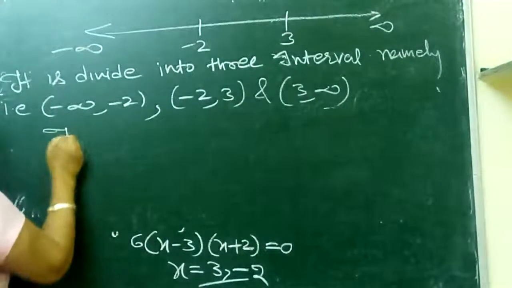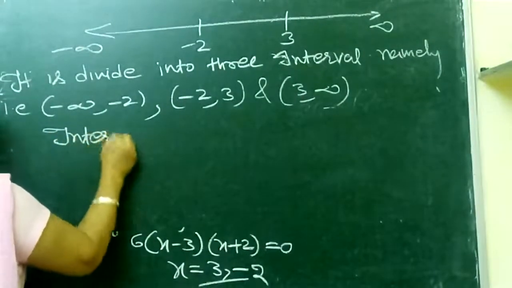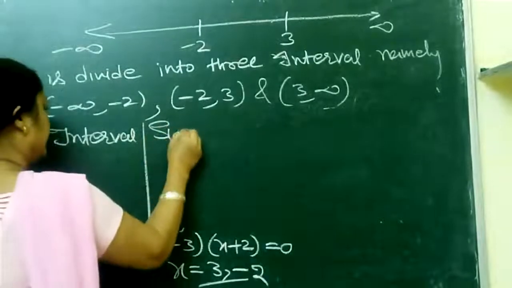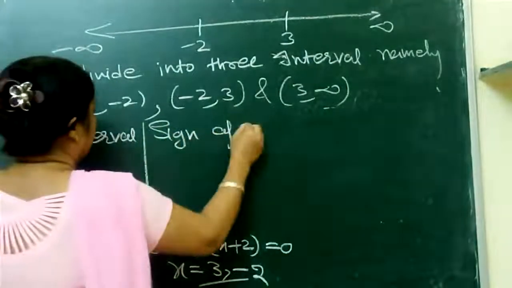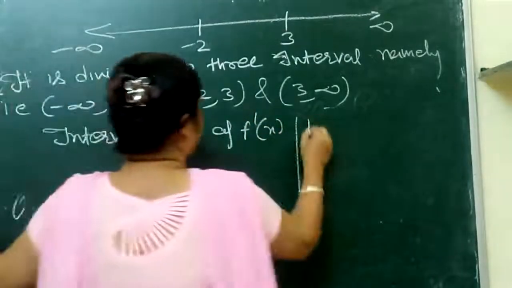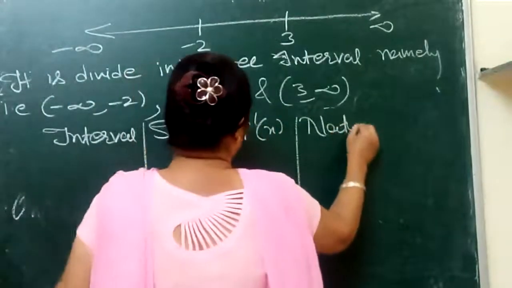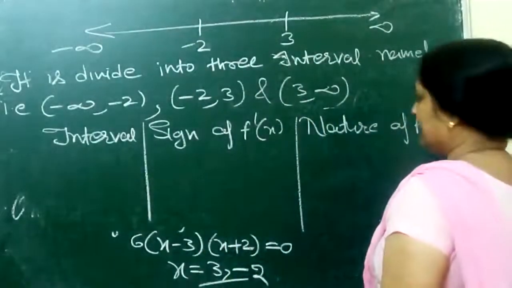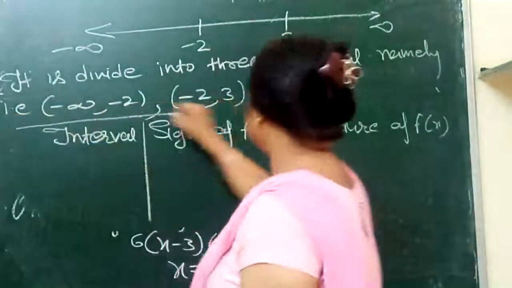So here first is the interval, second is the sign of f dash x, and third is the nature of f of x. You have to make this box.